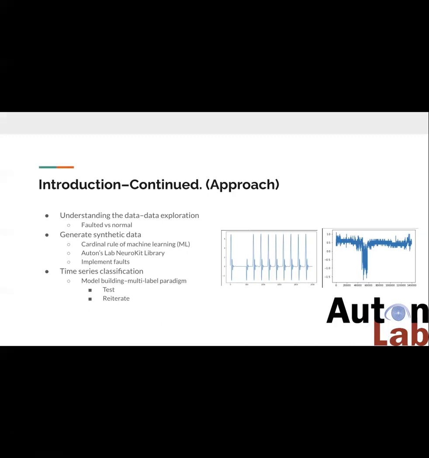Obeying the cardinal ML rule mentioned above, we then build our model based on the synthetic data set and test it on the real data sets. We iterate in this process while fine-tuning our model built on the synthetic data sets.